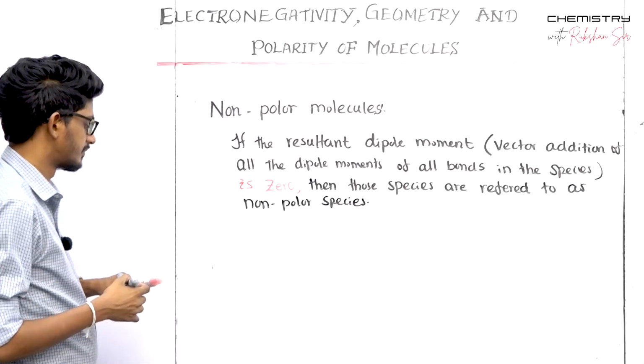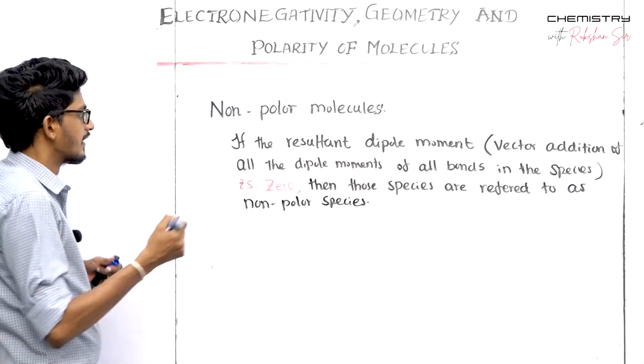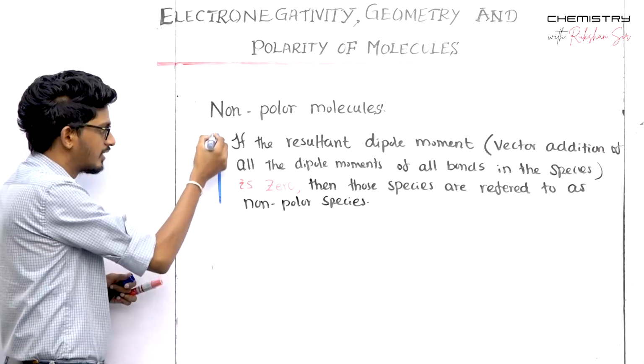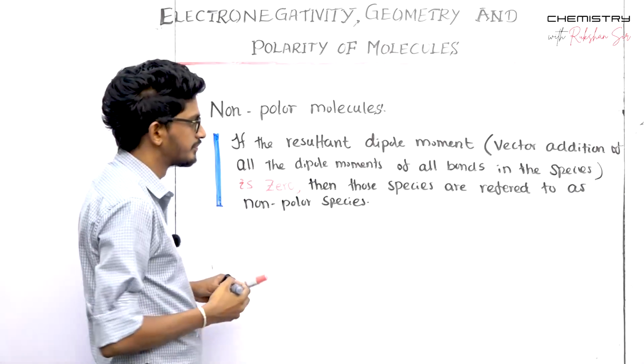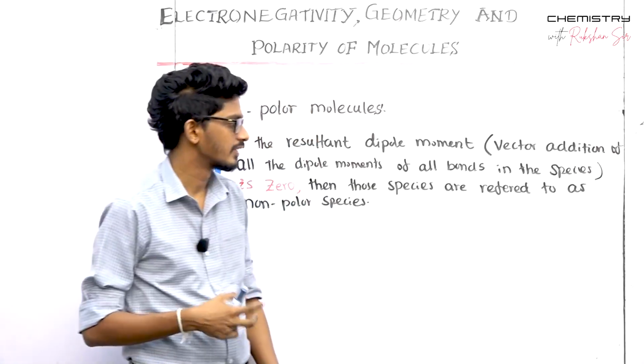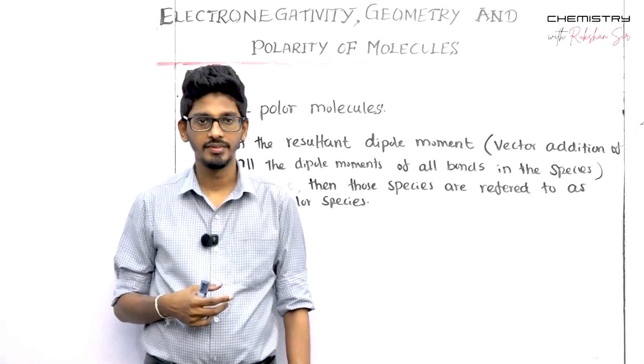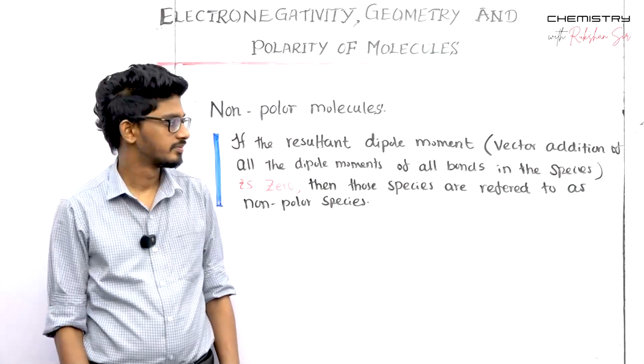That is the definition. If the resultant dipole moment is 0 for your considered molecule or species, then such things are referred to as non-polar species.